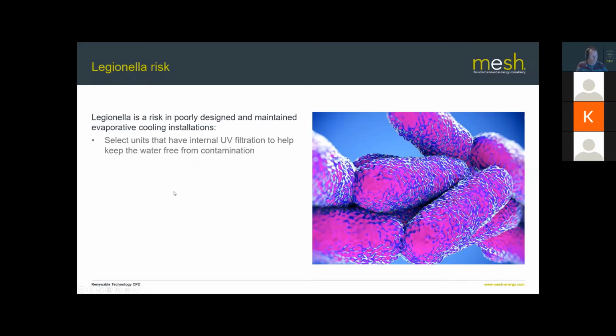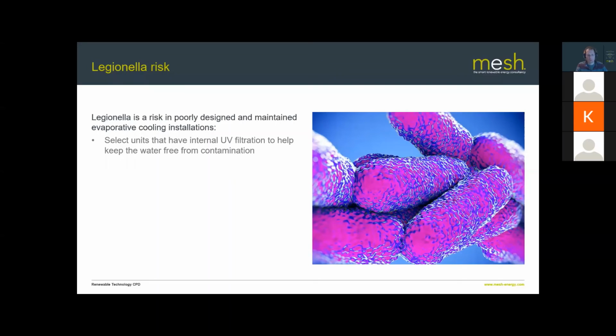So what can you do about it? Well, first thing you can do is keep the units as clean as possible. That means changing the water regularly. It means making sure the wetting mats are dried on a regular basis, and also making sure that there is as small an amount of bacteria in the unit as possible, of all sorts, and that you do through UV filtration.